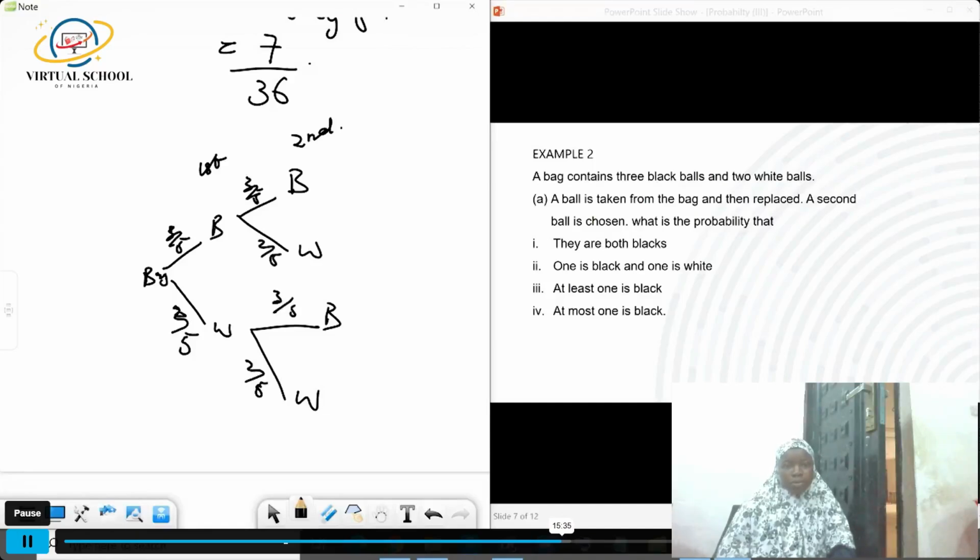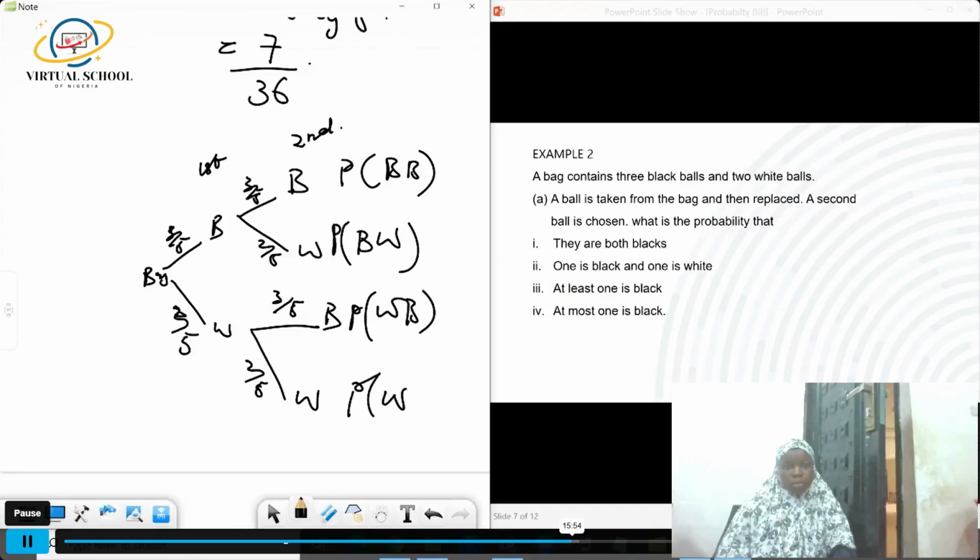Picking a black here, I'll have 3/5. Now from this, we are having probability of black, then probability of white. Then we are having white-black here. Then probability of picking white. Now from here we can answer the question.